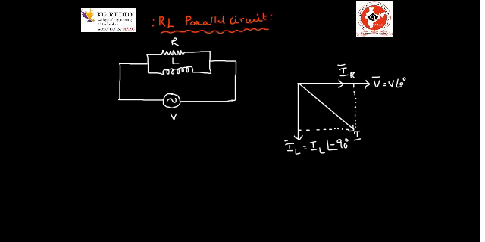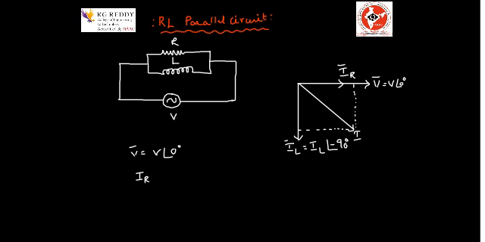Now if you see, the V reference vector, we are taking V bar equals V at an angle 0 degrees from the phasor diagram. Now we can say that IR is the current through the resistor.